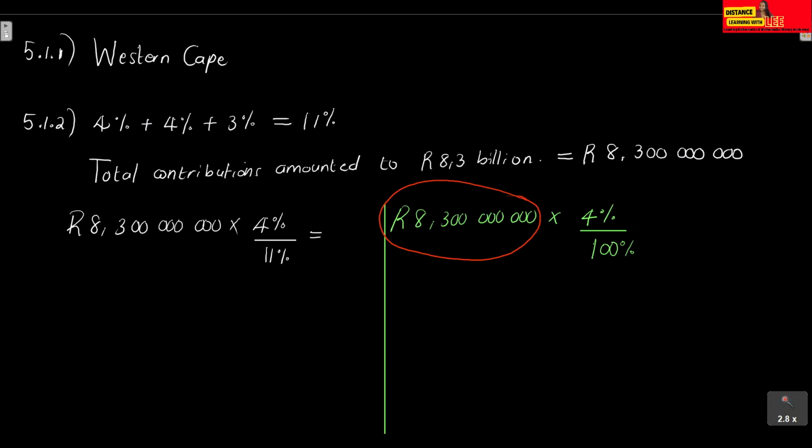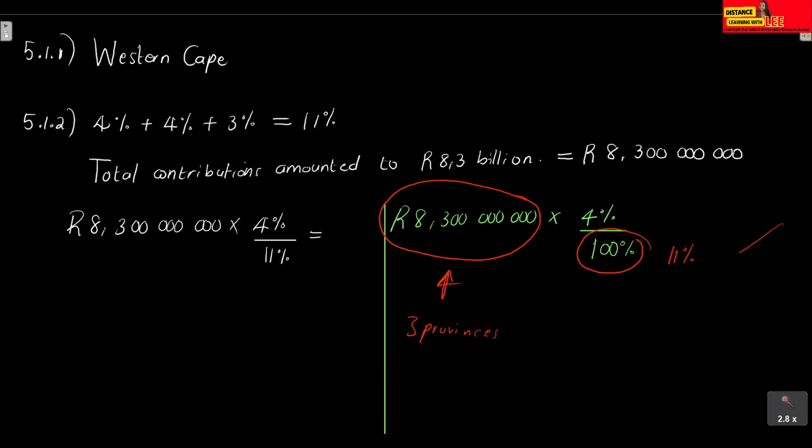We were just told that this 8.3 billion only represents the contributions that were made by the 3 provinces. And because it was just the contributions that were made by the 3 provinces, we cannot divide by 100%, but we need to divide by the percentage that represents the 3 provinces, which is 11% and not 100%.